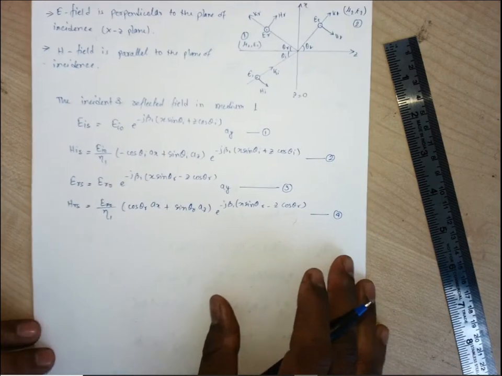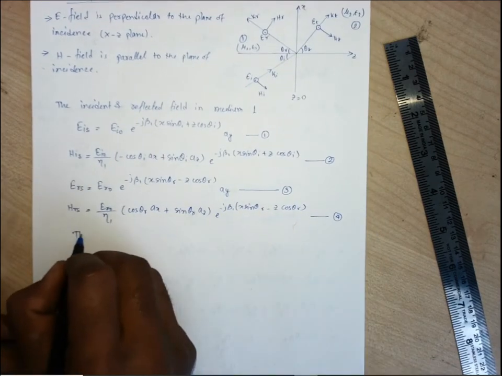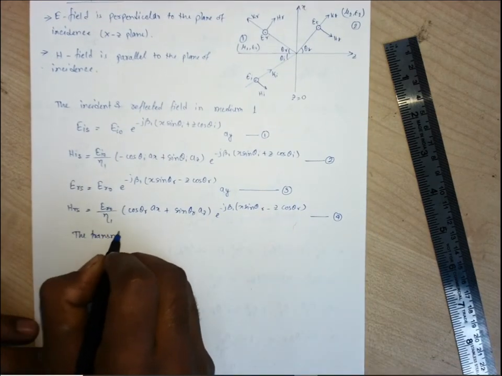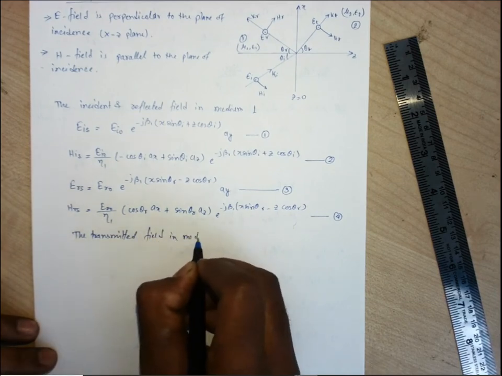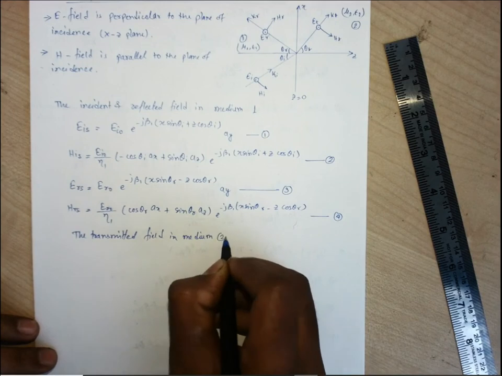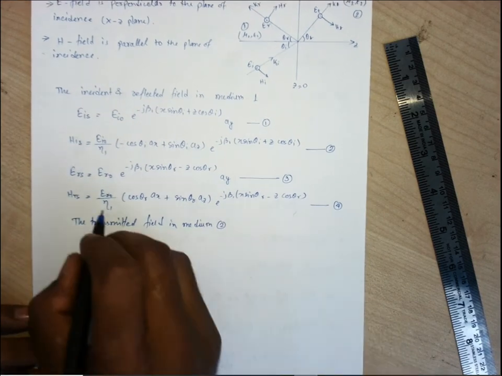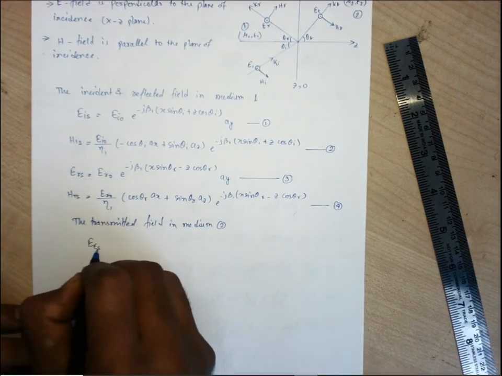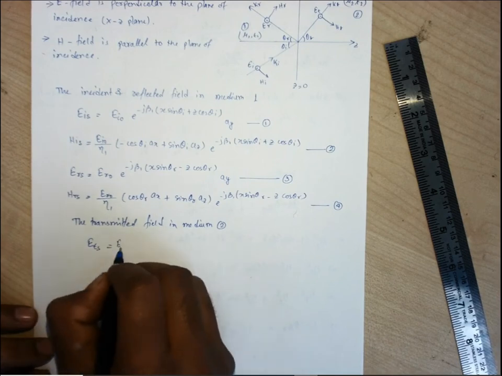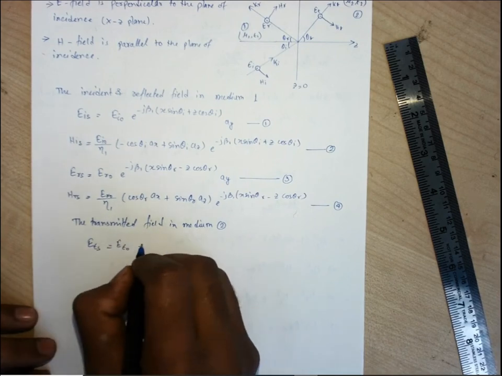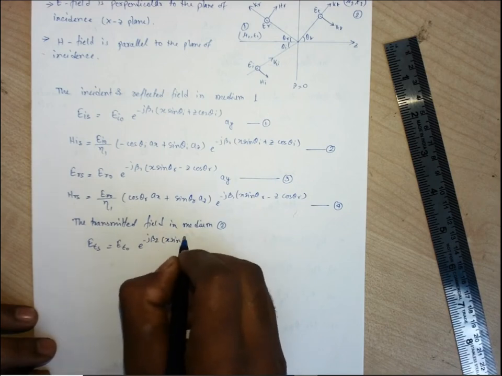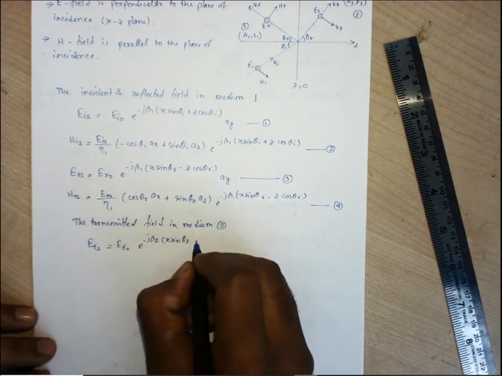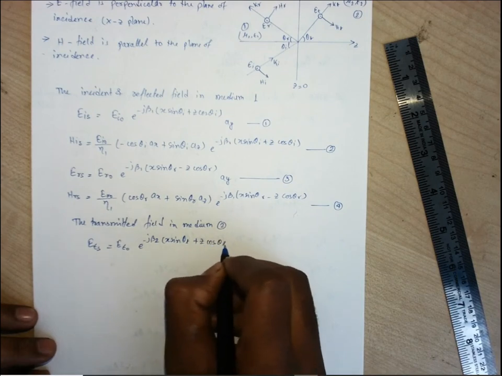Now the transmitted field, in medium 2. Phasor form: e to the power minus j beta 2 (x sin theta t plus z cos theta t).